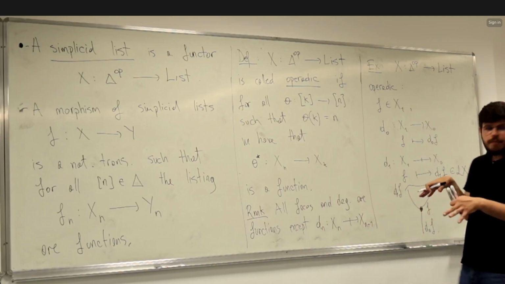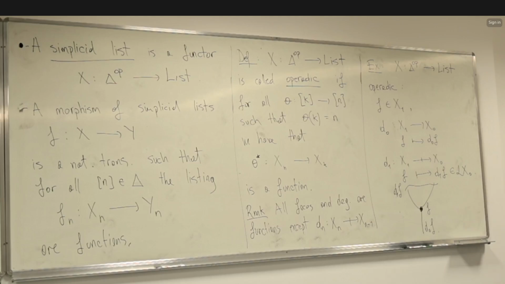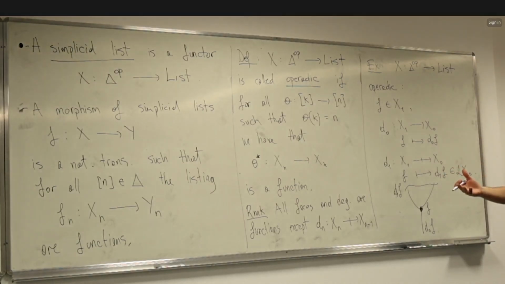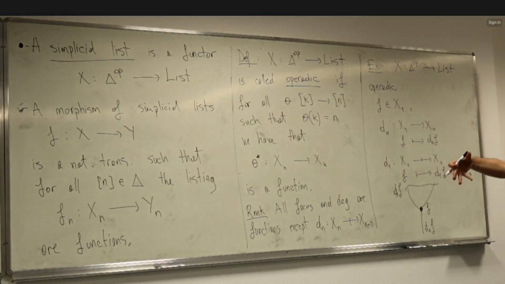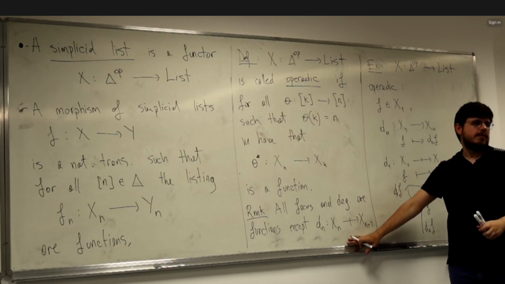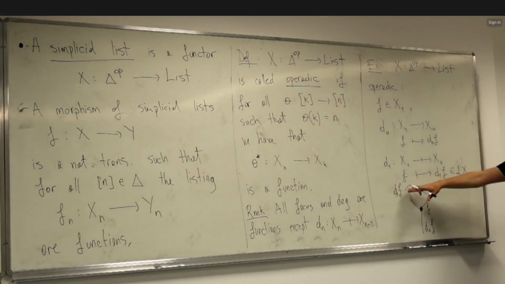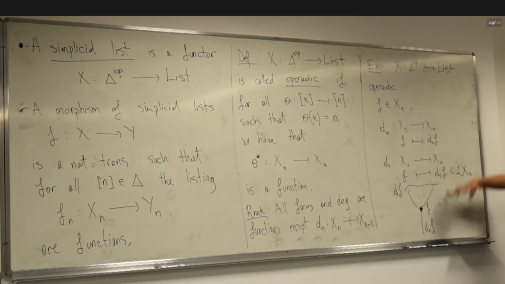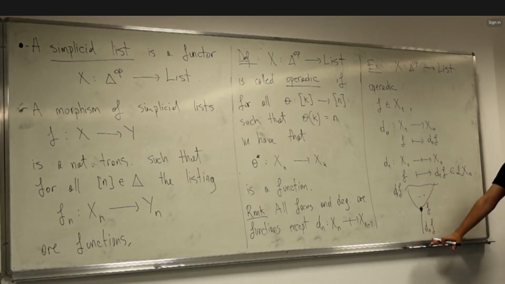So everything except the last face is a function. Which means, for instance, inner faces, which record composition, are functions. I mean, they assign a composite to things. Degeneracies, which assign identities, usually are functions. So we have well-defined identities, etc. Everything except these last face maps. Because we need them to record, for instance, for one-simplices, the source of inputs and output.